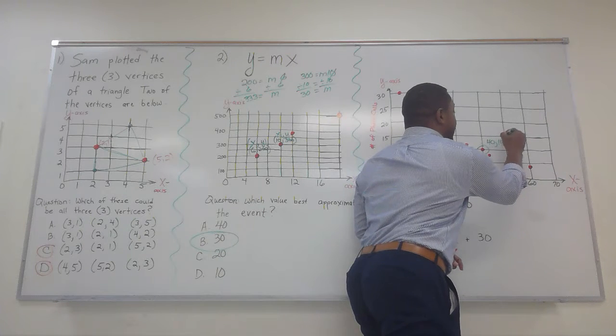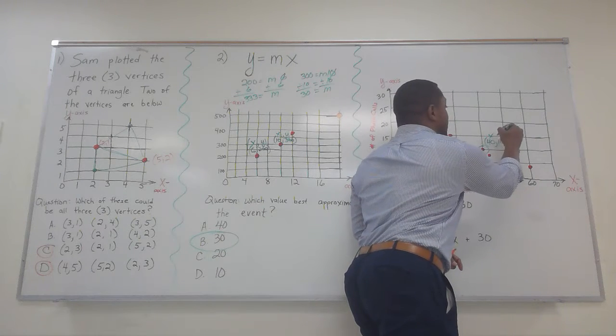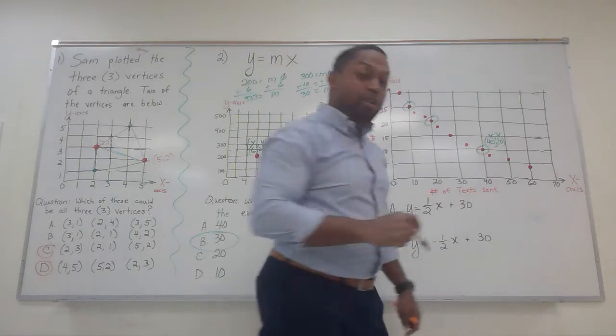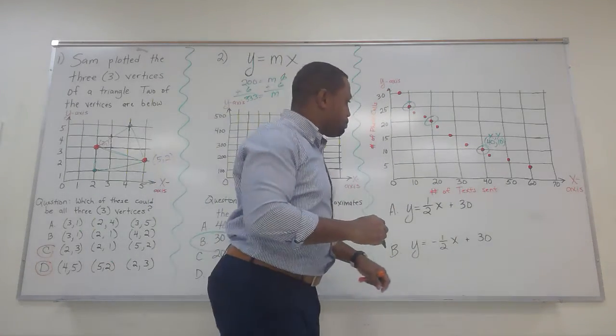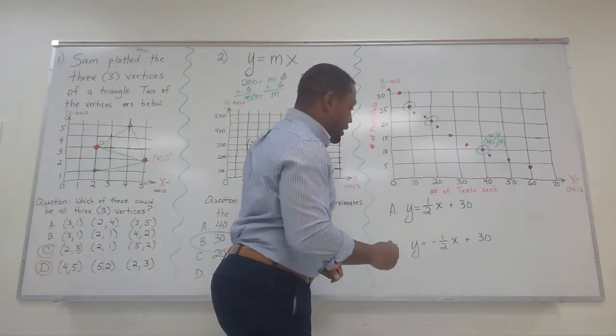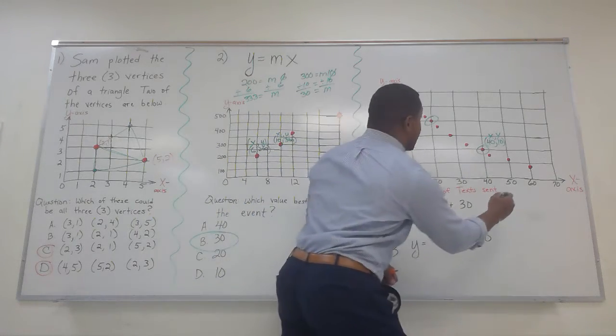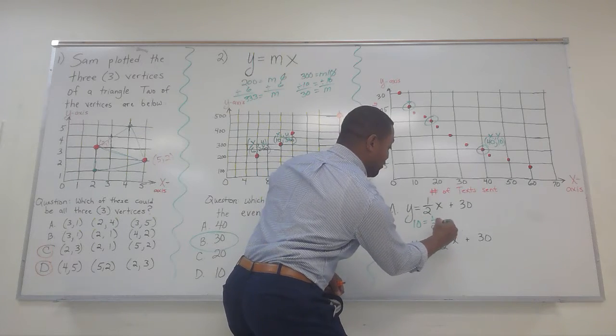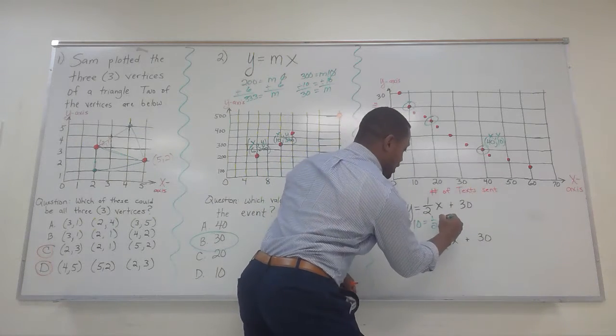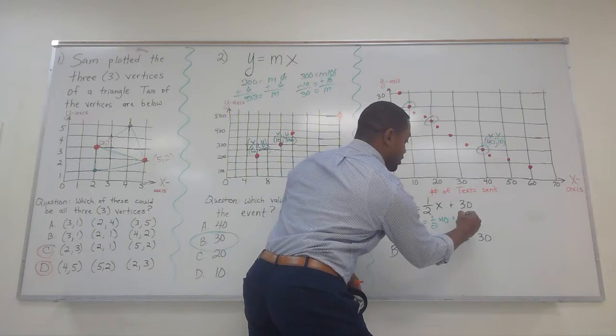Okay, 40, 10. I know the first number is X, the second number is Y. I'm going to throw it into this equation here. If Y is 10, that would mean 10 goes here, equals 1/2 X, X is 40, plus 30.